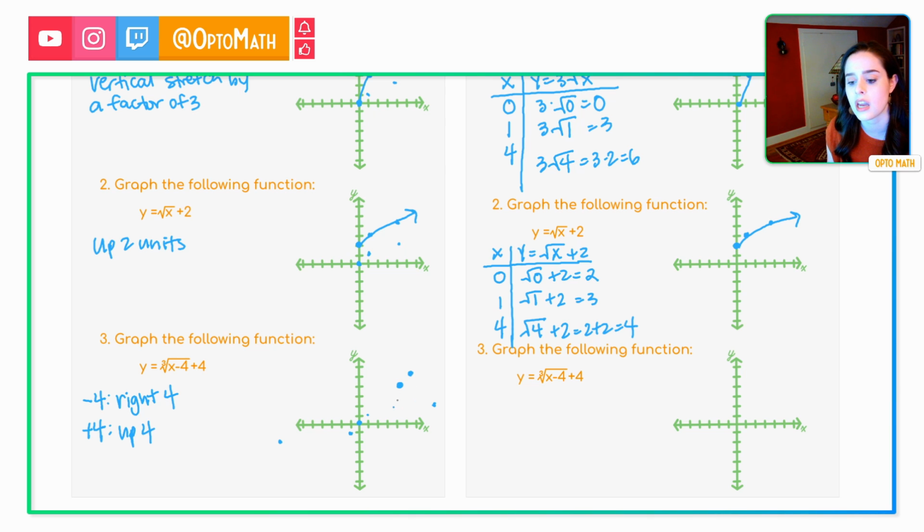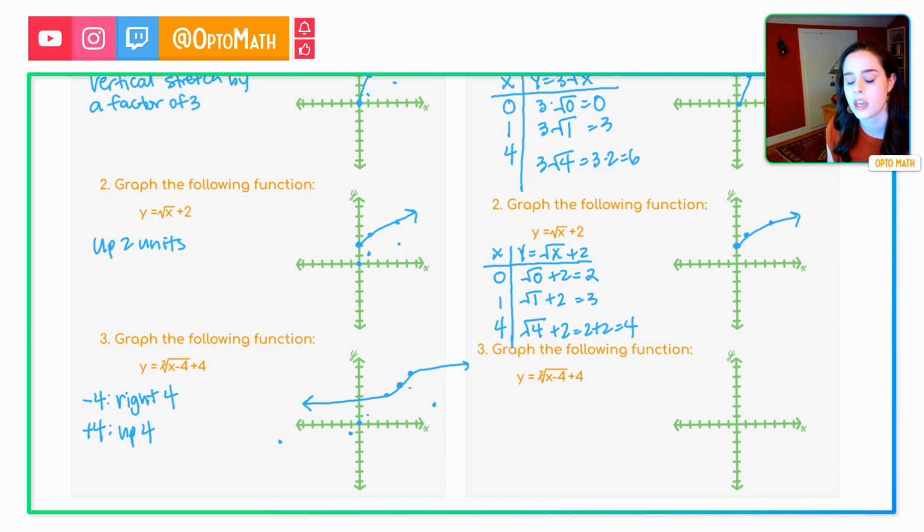You could also just say, okay, I know these 2 points are right 1 and up 1 away from the origin. So you wouldn't even have to travel right 4 and up 4 for this point; you could just say it's going to be 1 right, 1 up from the origin piece, which is the new origin. And you could get it that way. So this is kind of hard to graph based on the grid we're given, but it looks something like this.